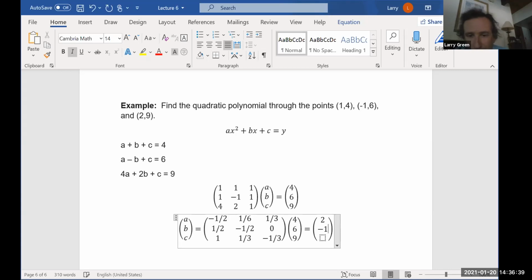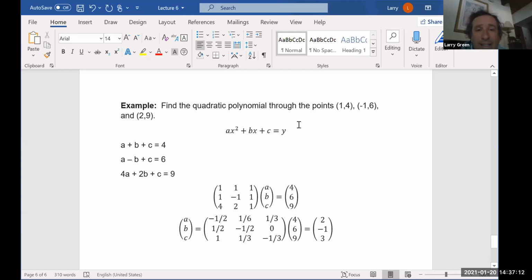Good, negative 1. And what do you get for the bottom entry? Plus 3, that's better. Any questions on this so far? Okay, now we can take this and write down our answer.